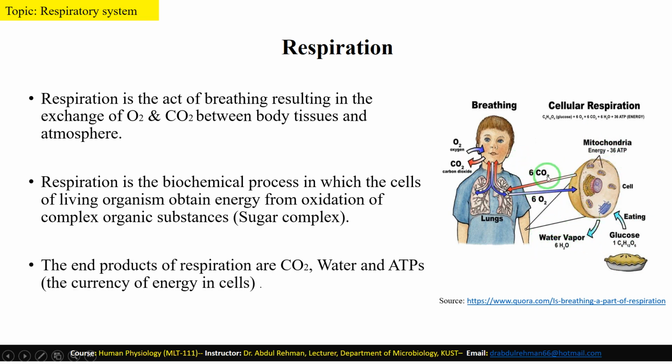The carbon dioxide is evolved to the atmosphere through lungs, while ATP is used by the body for different physiological activities, while water vapors are retained within the body to maintain the normal body fluid level.